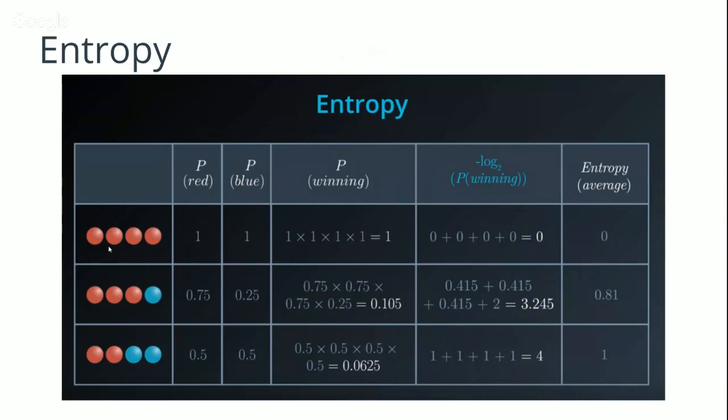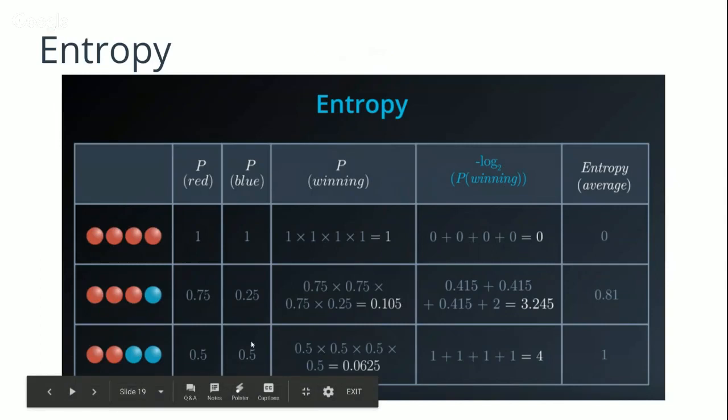So if we multiply the probability of grabbing a red ball 4 times together, you get 1 times 1 times 1 times 1, which is 1. And then all we do is take that probability of grabbing a ball 4 times, and we just take the negative log of that. And that's the entropy algorithm.